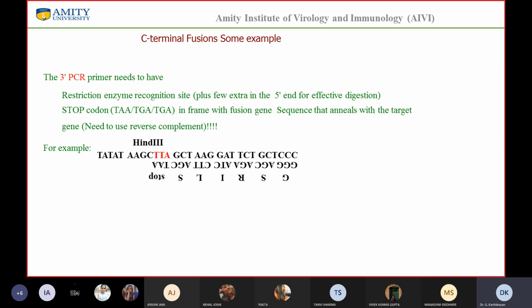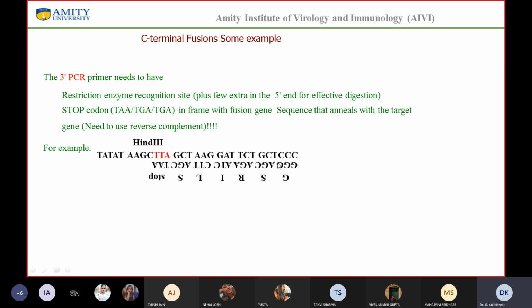If it is a C-terminal fusion, for example, your 3' primer, the reverse primer, needs to have the restriction enzyme site, okay, and maybe a few additional sequences at the 5' end for digestion. You need to include your stop codon in frame with the sequence, okay, and when we are using the 3' PCR primer, we need to use the reverse complement, not this one.